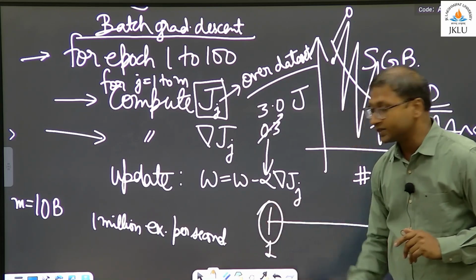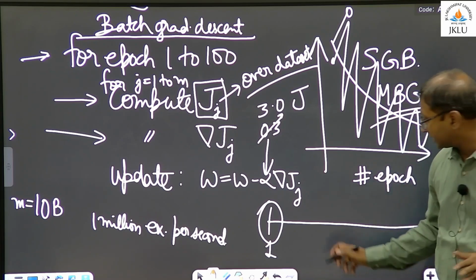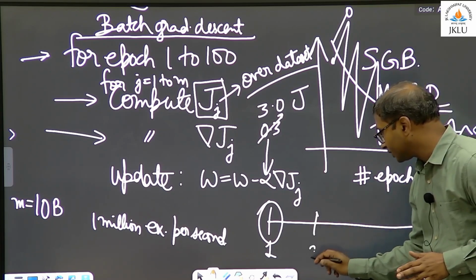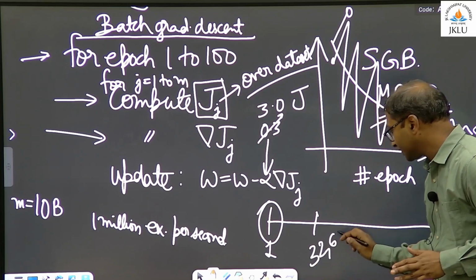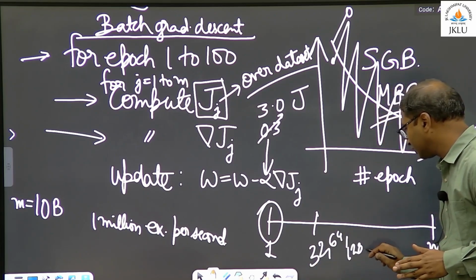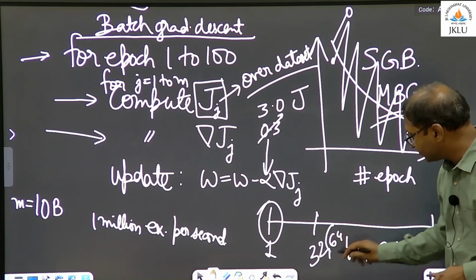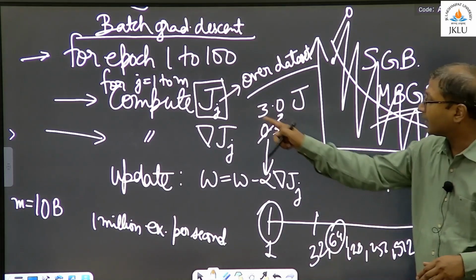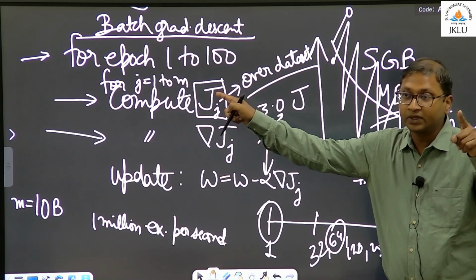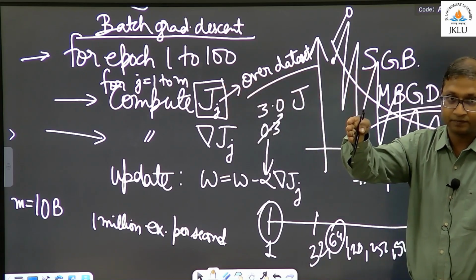Taking one example is too much, you never do that. Rather you take batches of 32, 64, 128, 256, 512. Let's say 64. In that case, you will compute J for 64 examples.